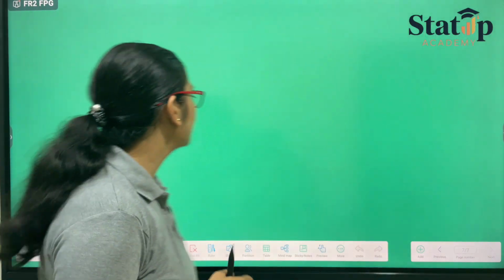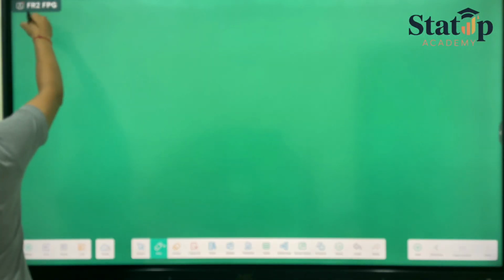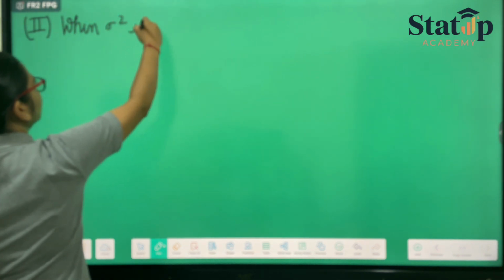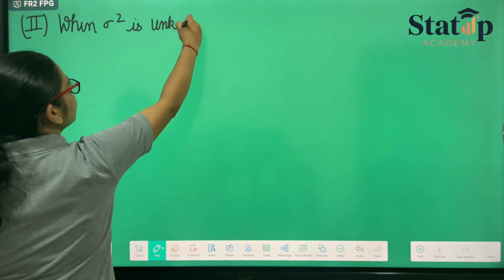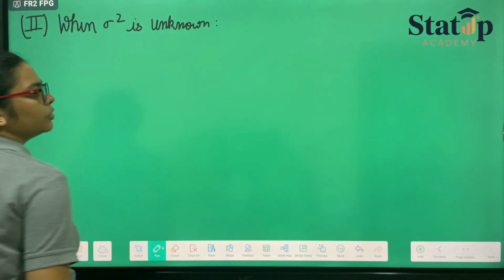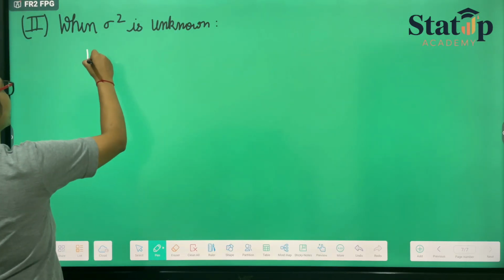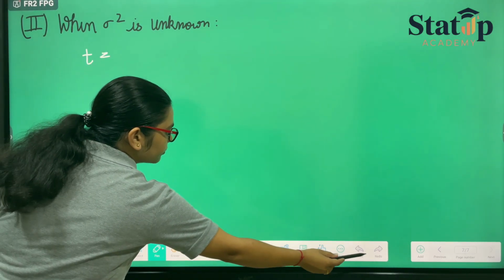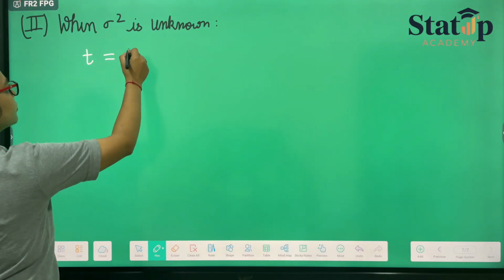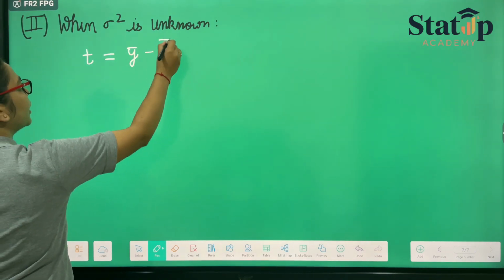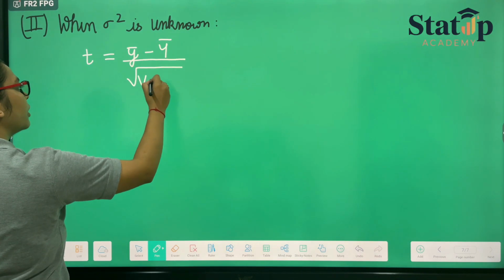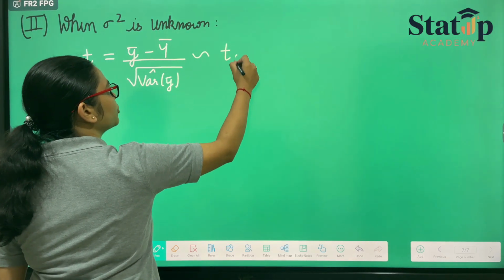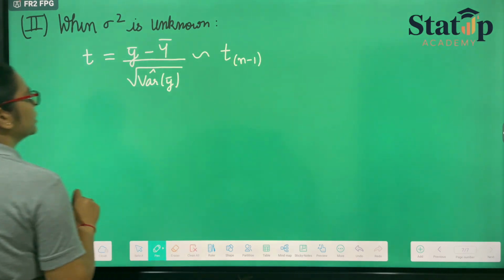Now the second case is when sigma square is unknown. Since we have two unknown quantities, we will use the t-test. So small t will be equal to y bar minus capital Y bar upon under root of variance of y bar, which follows t distribution with n minus 1 degrees of freedom.